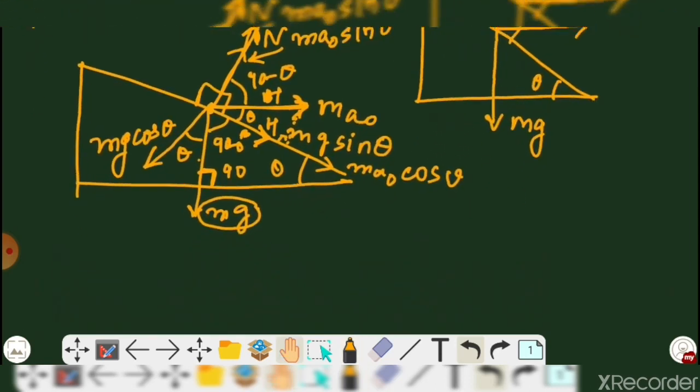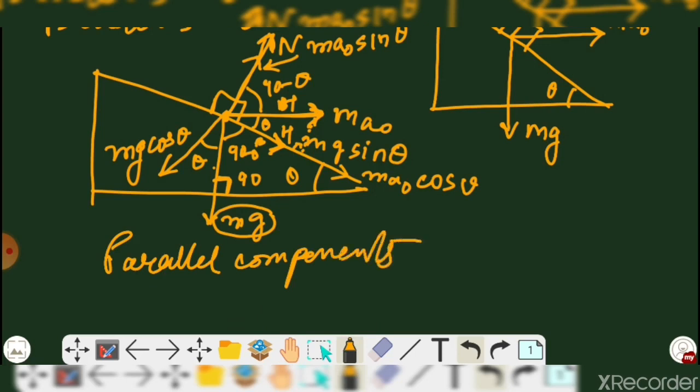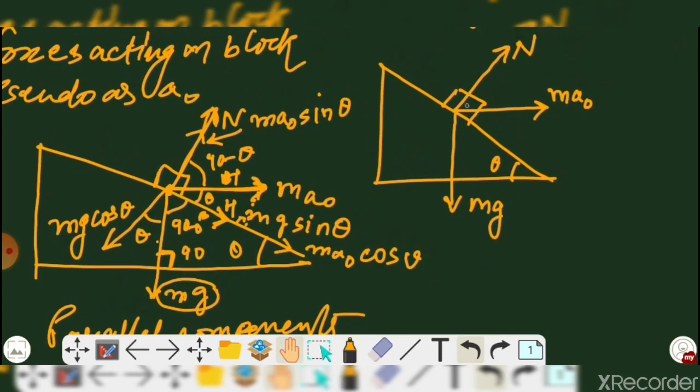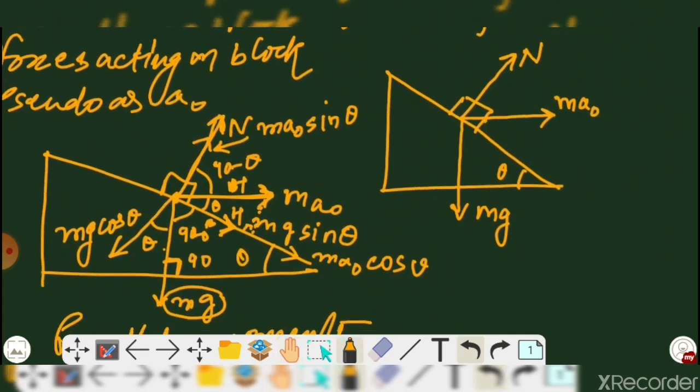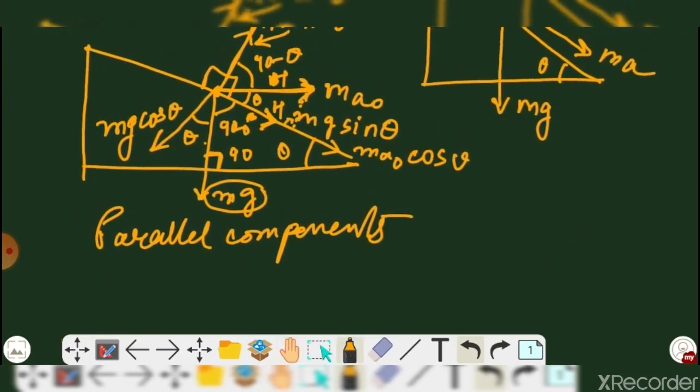So now first of all let us consider all the parallel components. And one more force that is applying, one force that is produced by the block is this force. That is what we call ma. So now see, we will consider here the parallel forces.